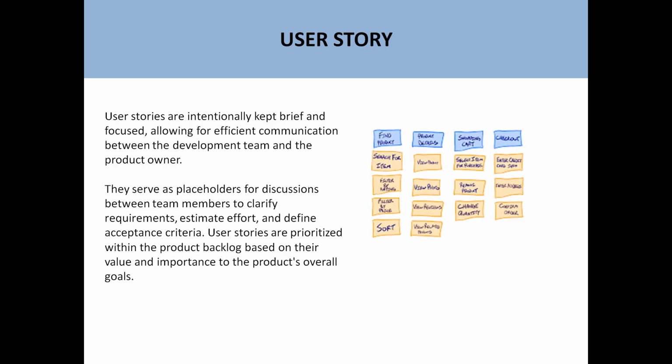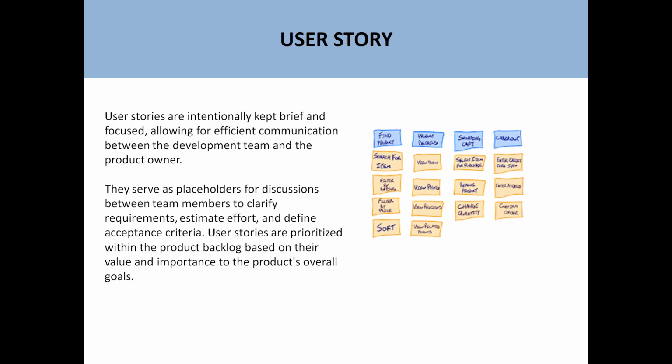User stories are intentionally kept brief and focused, allowing for efficient communication between the development team and the product owner. Why? Because whenever we are planning sprints, a sprint is a 3 to 4 week time period in which we have to complete the planning, development, and testing of the user stories.